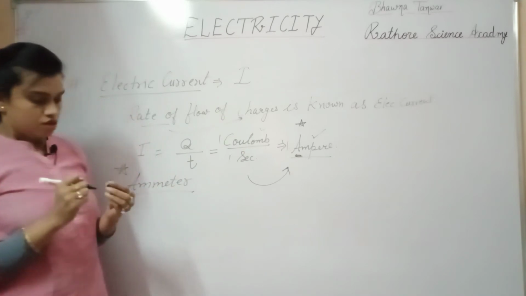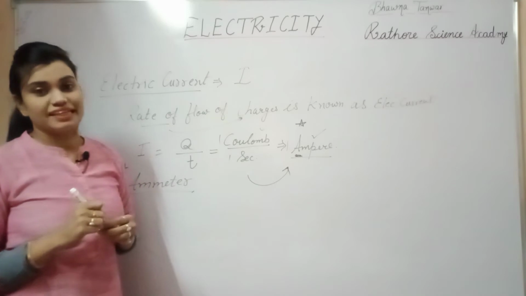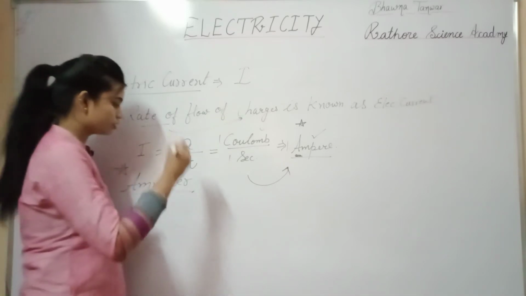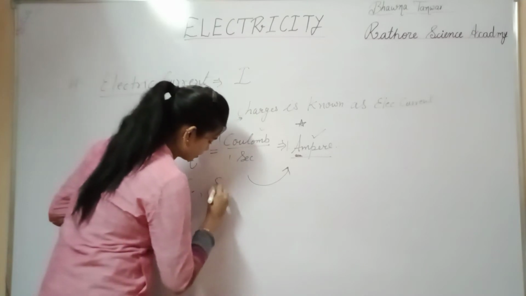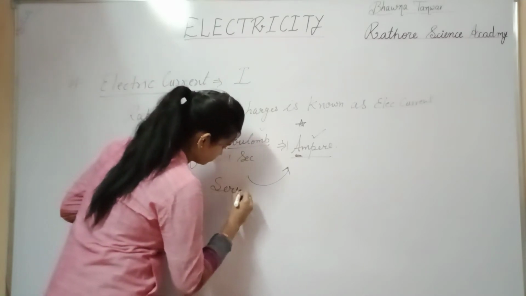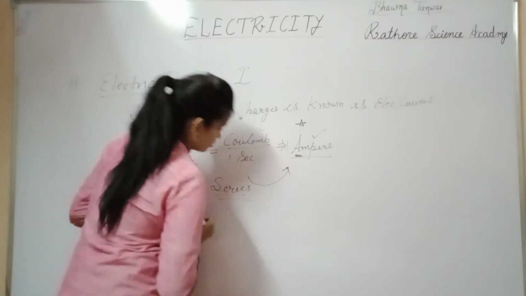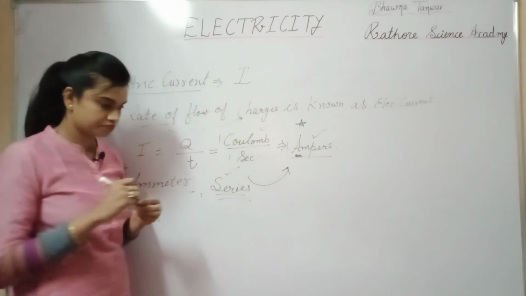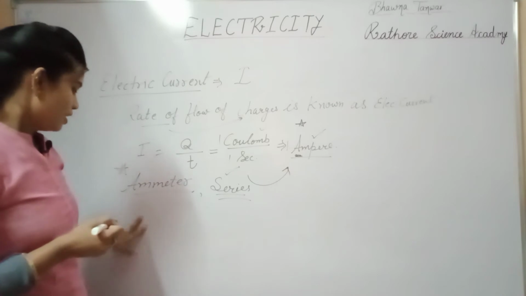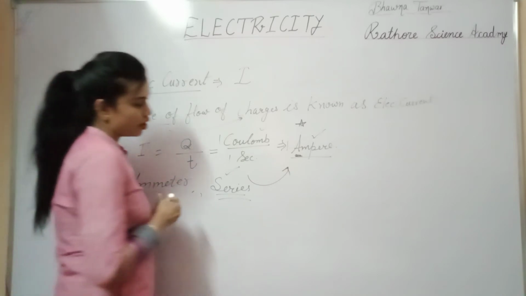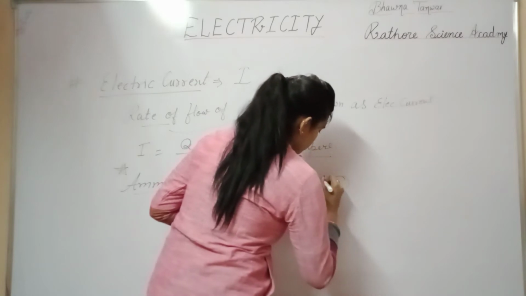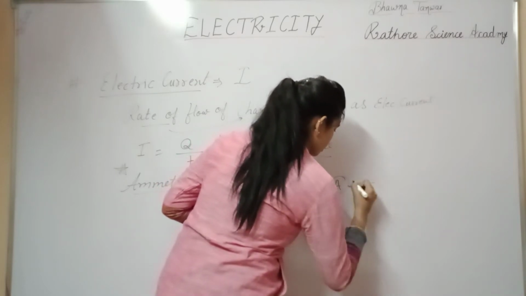Remember one more thing about ammeter: ammeter is always connected in series in the circuit. And the symbol for ammeter is this. Okay.